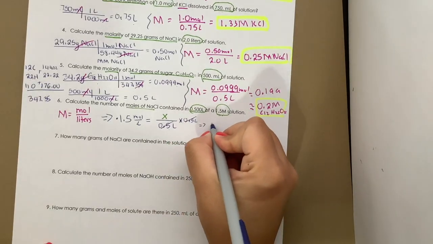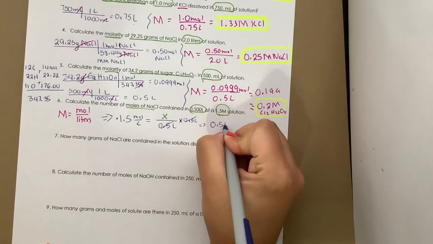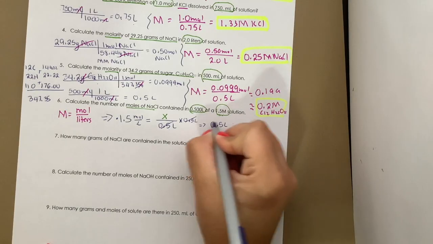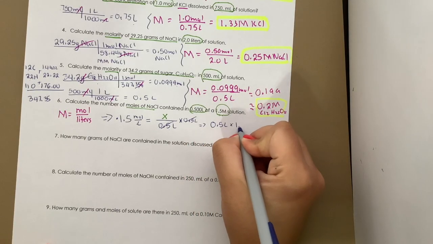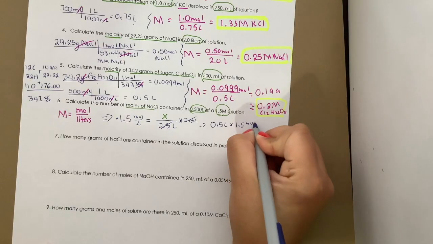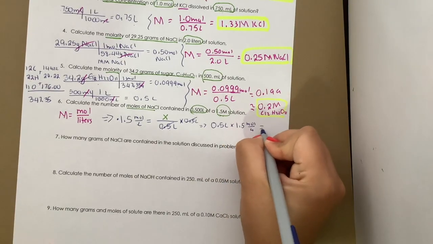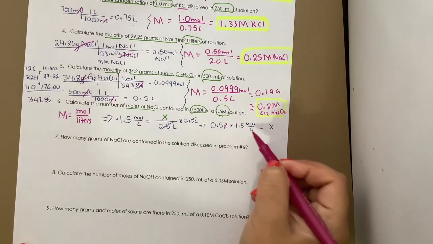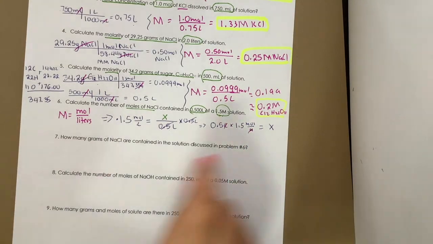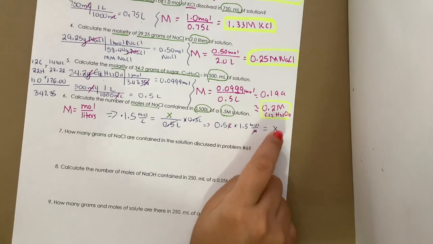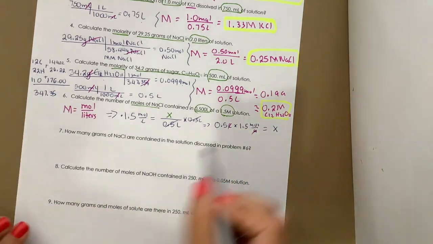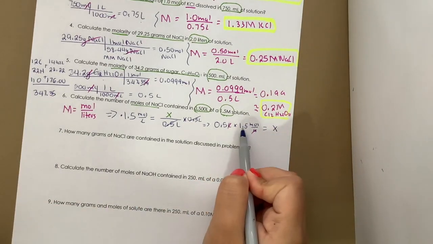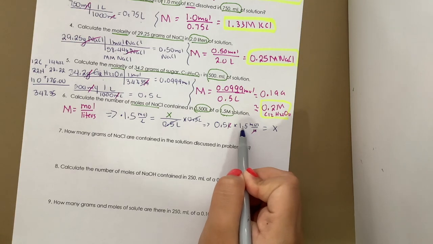But here, I multiply 0.5 liters times 1.5 mole over liter equals X. Okay, you're going to see how liters and liters cancel out, leaving the only unit mole. So to solve for X, I gotta multiply 0.5 times 1.5.